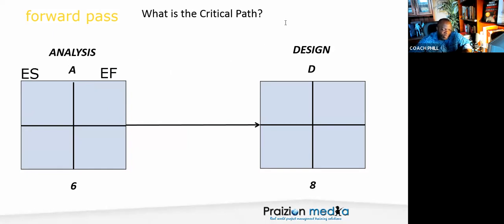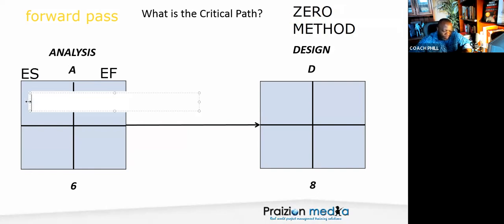But there's a method to doing this called the zero method. And in the zero method, you start off on day zero. So if you're starting off on day zero, and this task is 6 days, you just add the 6 to the 0, and the earliest time you can finish is going to be 6.